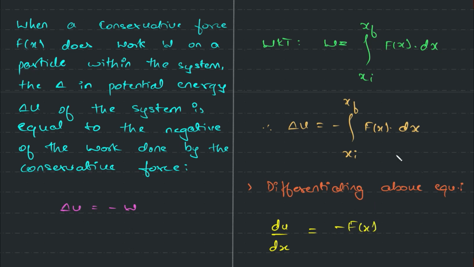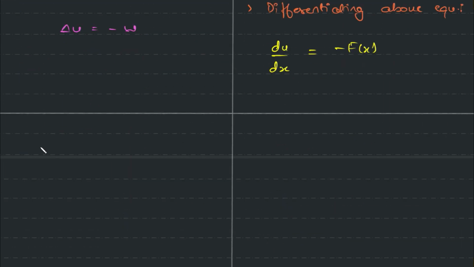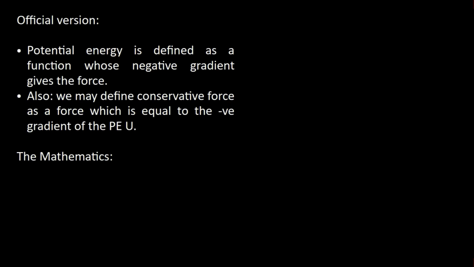Differentiating with respect to x, this becomes dU by dx, while the other side gives us just minus f of x. Or you can rewrite this as f of x equal to the negative gradient of your potential energy.